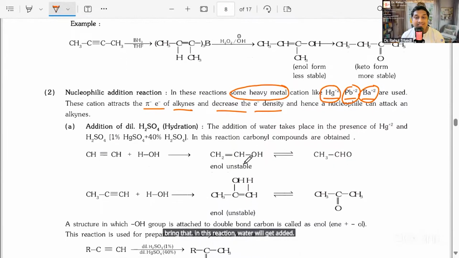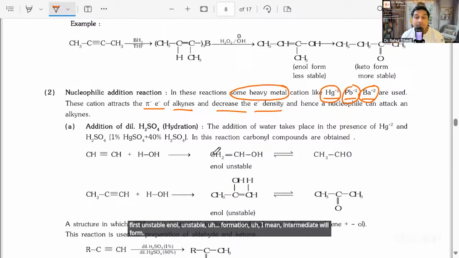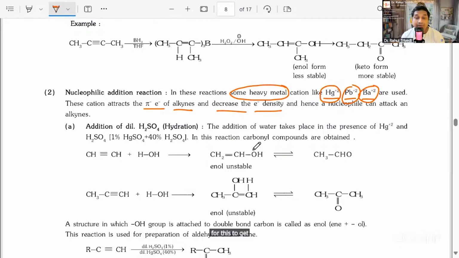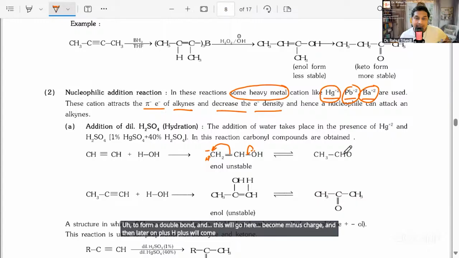First, an unstable enol intermediate will form. For this to get stabilized, what will happen? Oxygen will give its lone pair to form a double bond, and this will go here, become a minus charge, and then later on H+ will come and attach here. So you will have aldehyde formation.